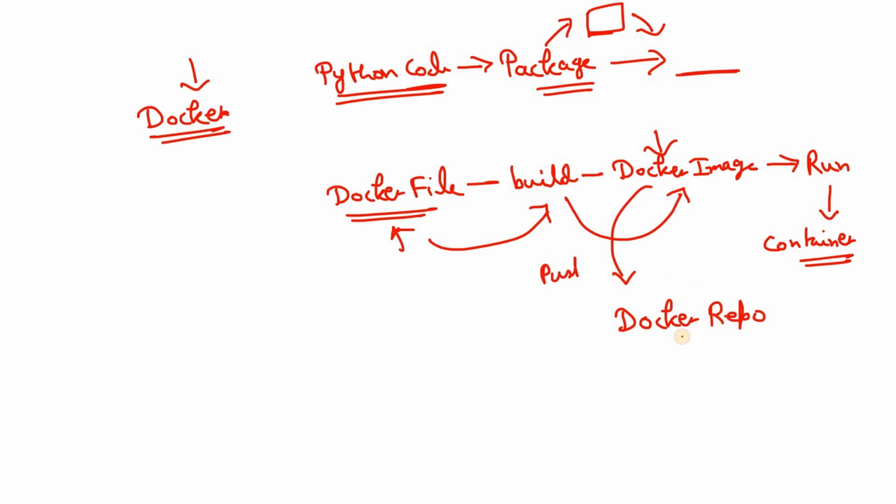Then if some developer wants to run a certain application and knows this is the image they can easily download and run to create the container, they can pull this image from the Docker repository and run it to start the container within which our application will be automatically started.